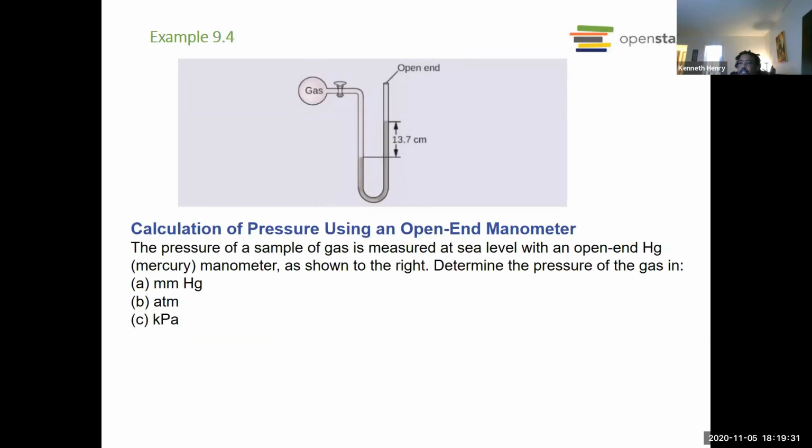So let's calculate the pressure of a sample of gas measured at sea level with an open-ended mercury manometer as shown above. Determine the pressure of the gas in millimeters of mercury, ATM, and pascals. So let's do Sean.